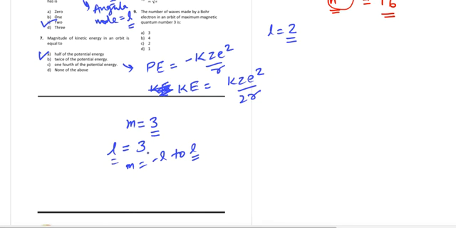And if l is 3, then n, the principal quantum number, the major energy shell, should be equal to 4, right? If n is 4, then l could be 3. So the orbit number, or the major energy shell, will be 4 only.